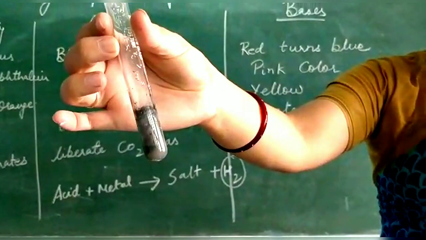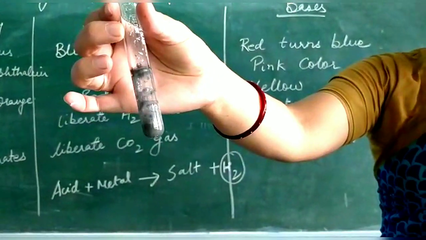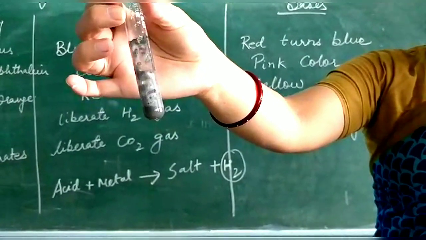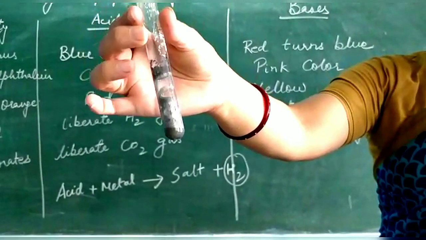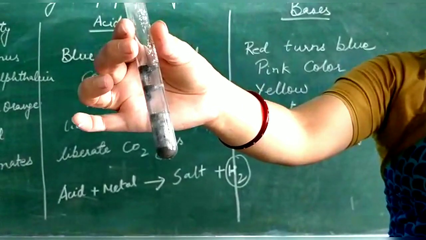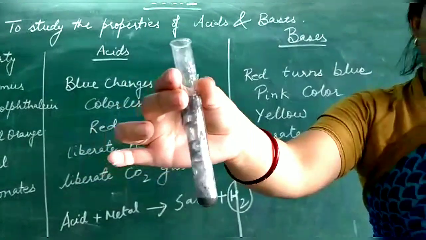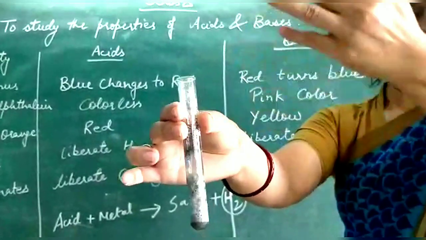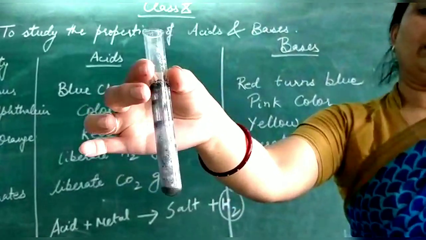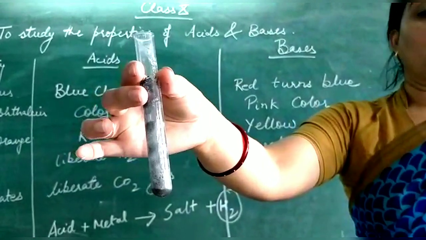Here the reaction takes place between zinc and acid. This is the evolution of gas, and if we bring a burning matchstick near the mouth of this test tube where this hydrogen gas is continuously coming out, we hear a pop sound.